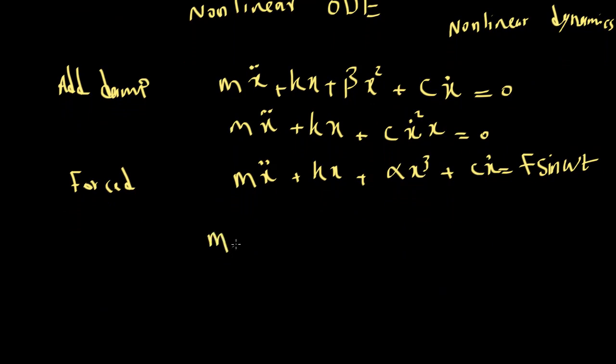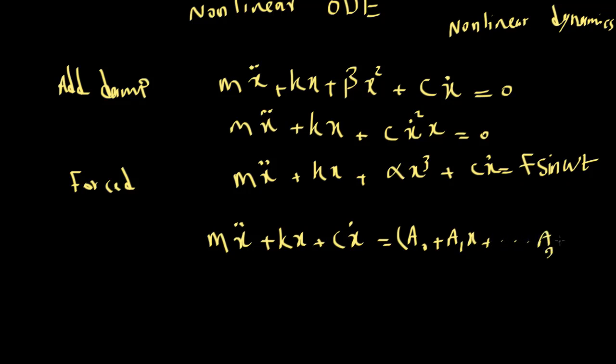So I heavily deal with this equation: m x double dot plus k x plus c x dot is equal to something like a naught plus a1 x plus a2 x squared plus all the way, let's say, to a9 x to the 9, times a function of time, which is of the form, say, constant alpha plus b sine omega t squared.